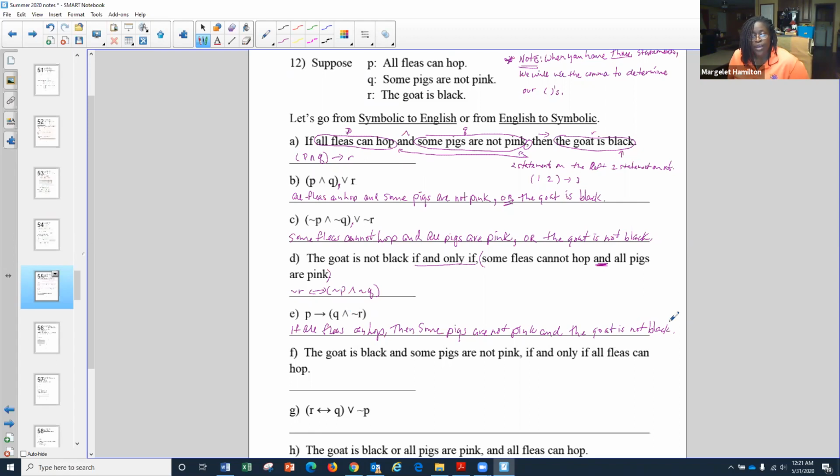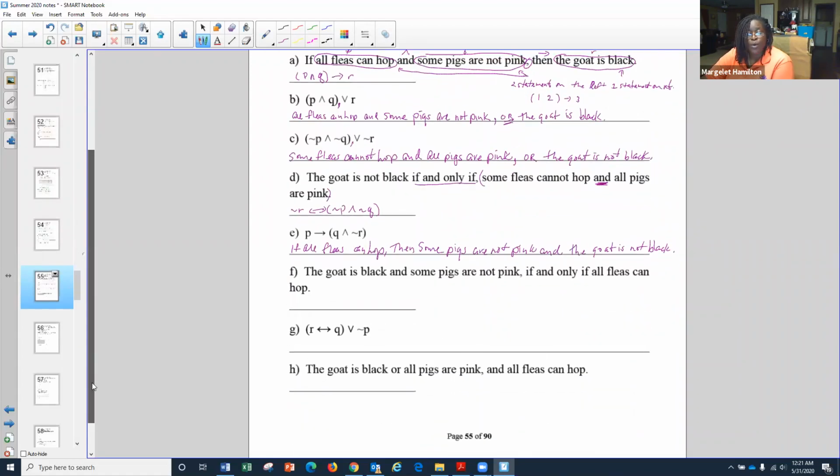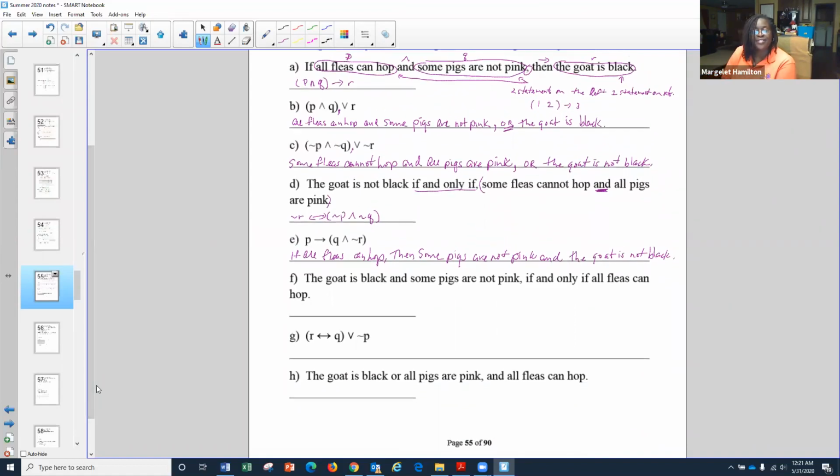Now, go ahead. We have F, G, and H. Go ahead and pause right here and take care of those three. And then we'll come back and we'll finish up this lesson. All right.